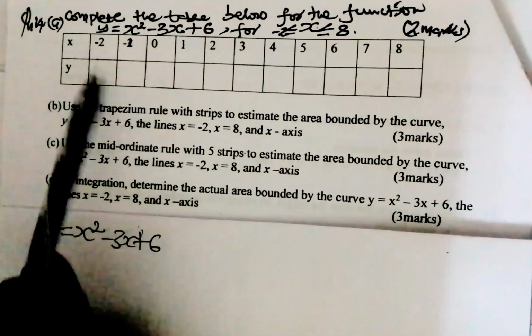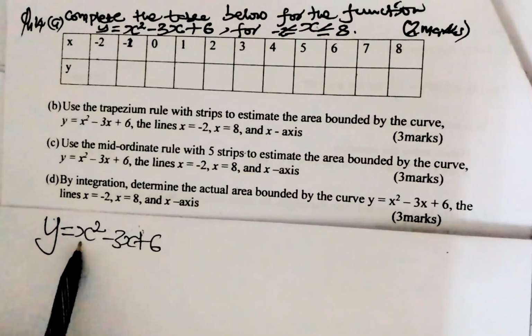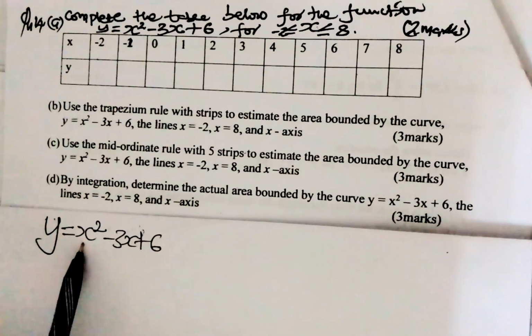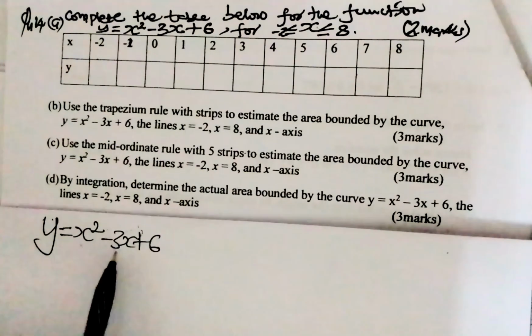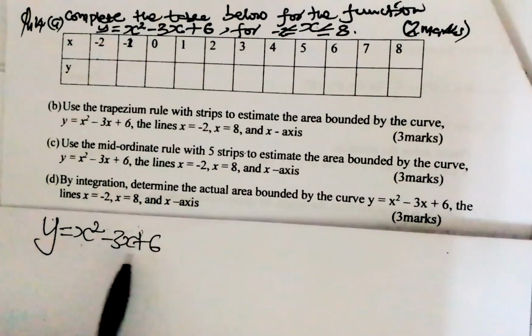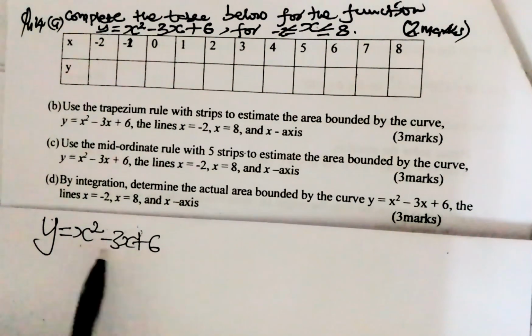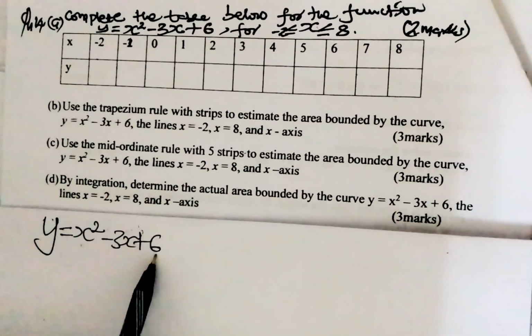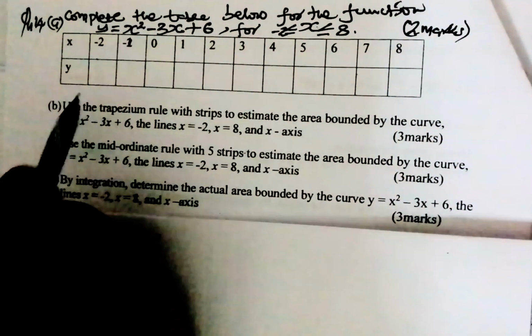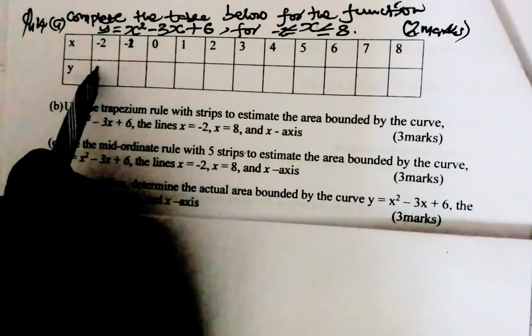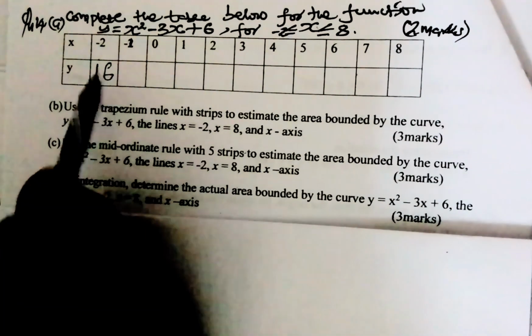So when x is -2, put -2 squared here, get +4 plus 6 plus 6. So that is 10 plus 6. This value here becomes 16.